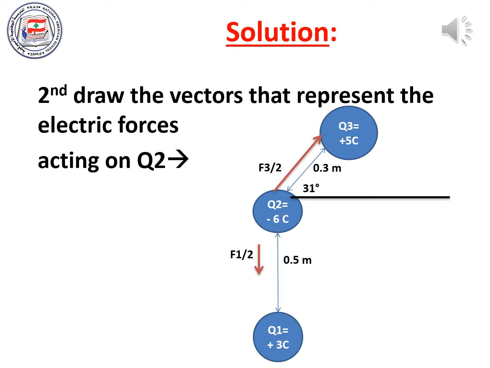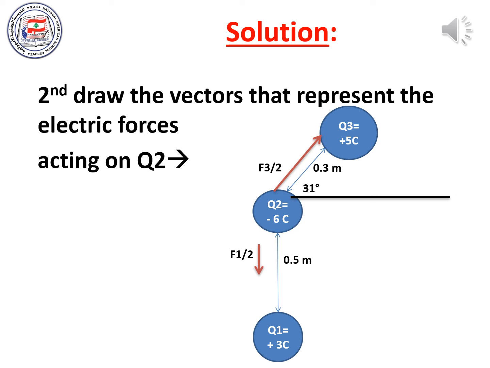First, we draw the vectors along the lines that connect both charges. So F1 on 2 is parallel to the line that connects charge 2 and charge 1, and F3 on 2 is parallel to the line that connects charge 3 and charge 2.